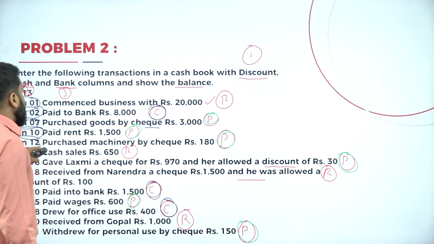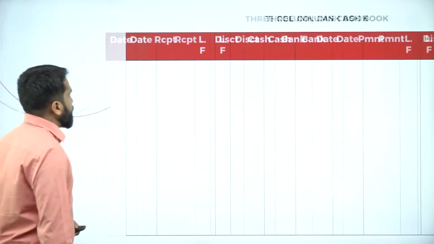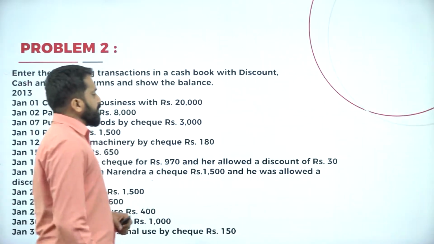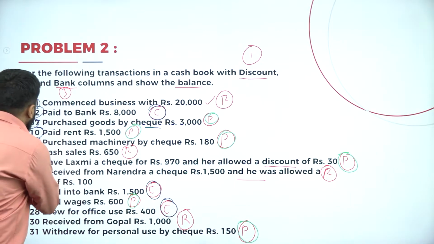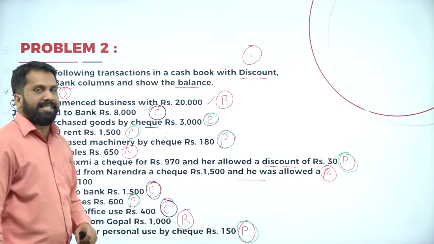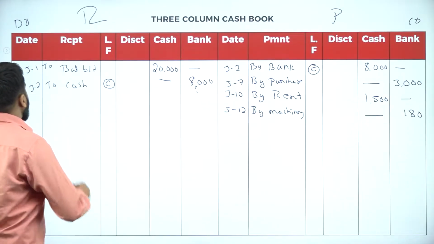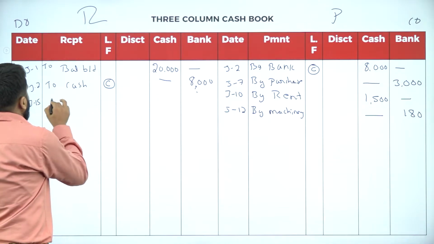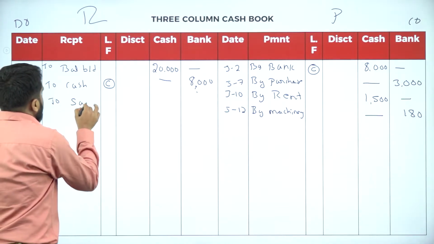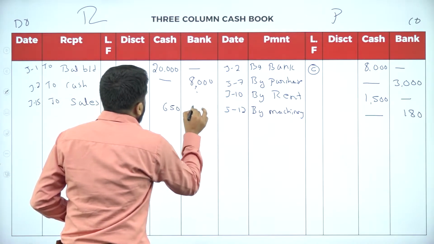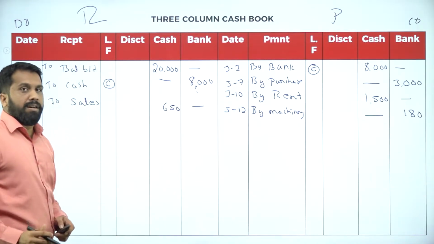The date is January 12th. Next, January 15th, cash sales 650. It is a receipt. January 15th, to sales, cash column 650. It is over.